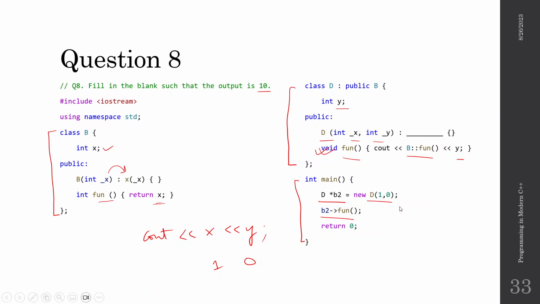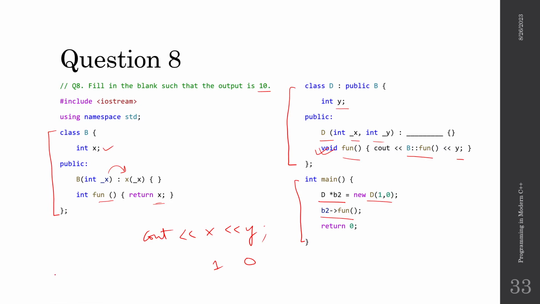You can also see that in the constructor we are passing 1 comma 0. So underscore X is 1 and underscore Y is 0. We have to set X and Y to these values. So how do we do it?